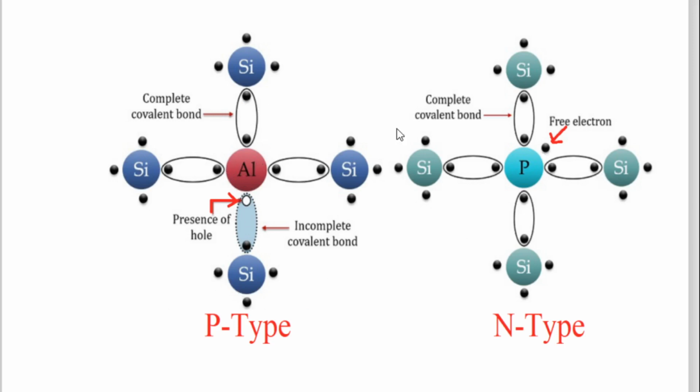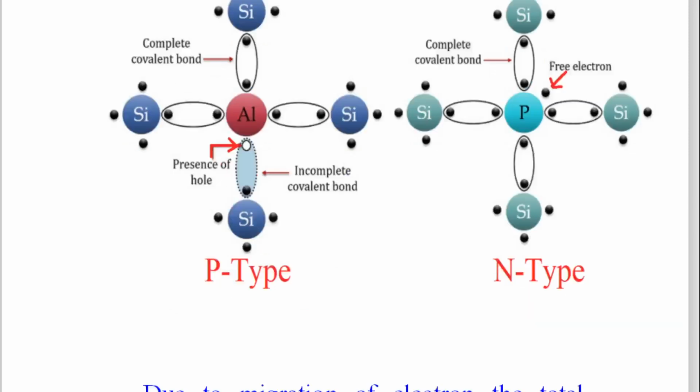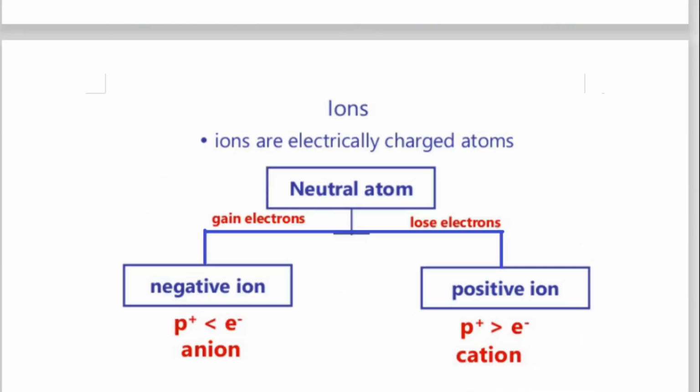What happens? Migration of electrons takes place from the n-type material. This entire part is n-type material, and this entire part is p-type material. So migration of electrons from the n-type material will take place towards the p-type material, because this is a free electron, and that is why we have marked the free electron with a minus sign.